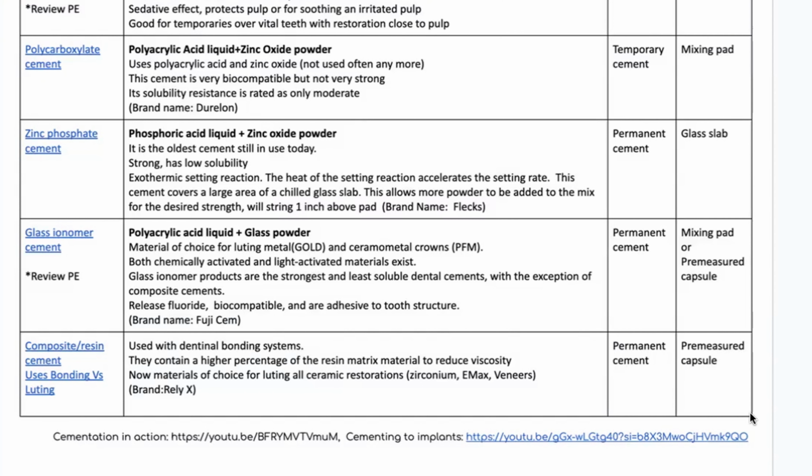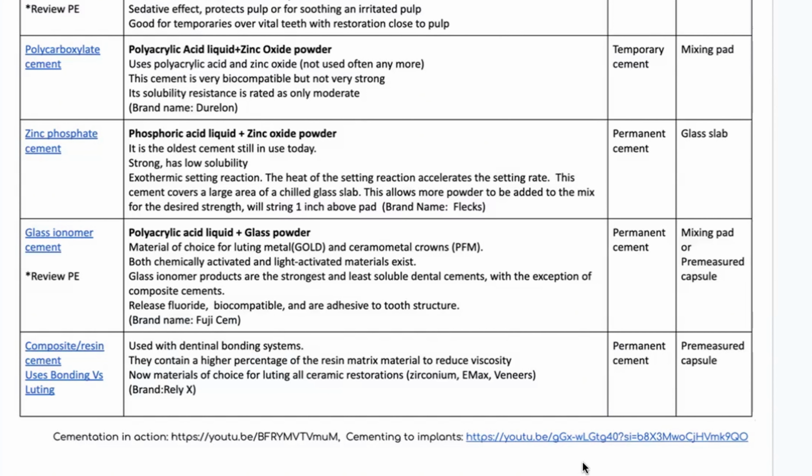Now, you noticed on this last cementing agent, these composite resins, there was nothing that we had to mix. It was almost as if we were placing a restoration, which we've looked at in our previous two courses, especially with our direct restorations. It looks just like a composite, but we're using it to cement something on.